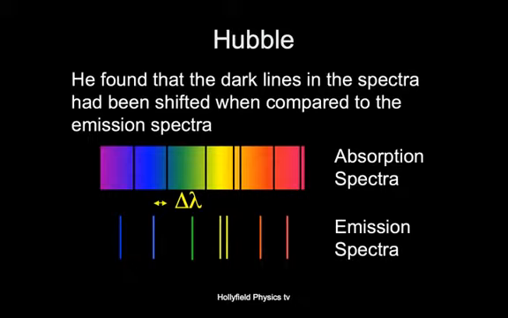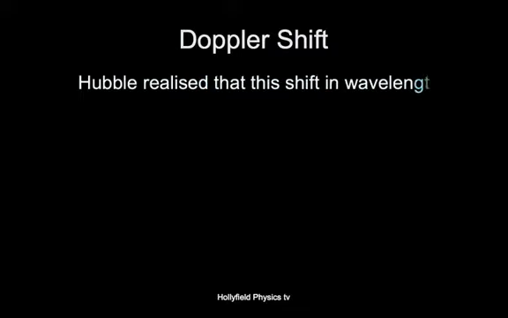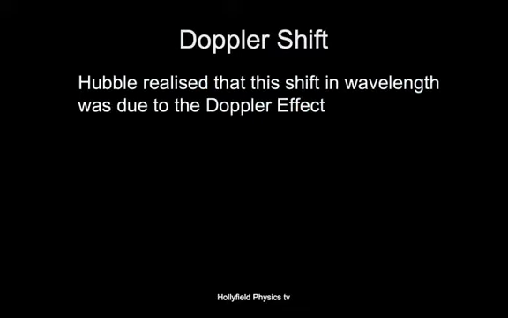In this case, we'll call it delta lambda. And what he realised pretty quickly was that this was due to the Doppler effect. And that's the effect of a moving source moving away from us, light or sound, having its wavelength stretched. If it's moving towards us, the wavelength is going to be compressed.